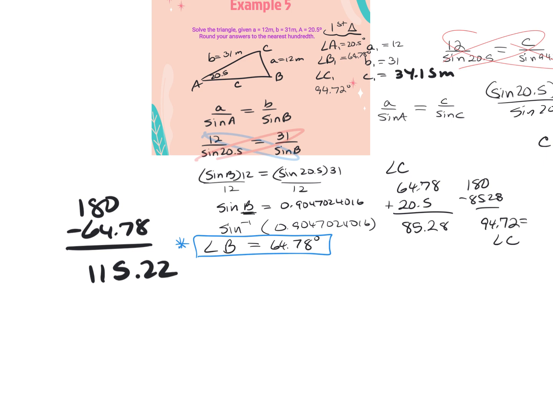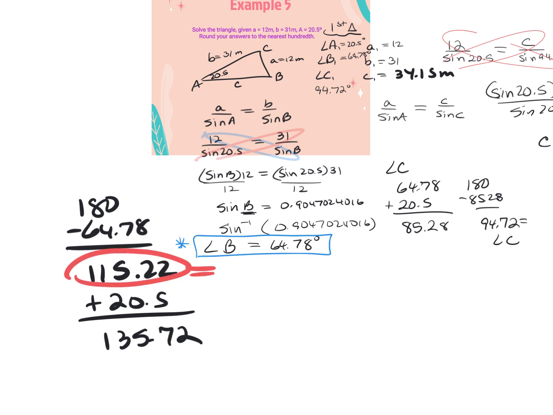I need to add that now to the original given, and I get 135.72. This stayed under 180. There is room for a second triangle. So now what I'm going to do is, this is actually my angle B of the second triangle. And then I'm going to finish it up by doing the proportions to find angle C and side C.